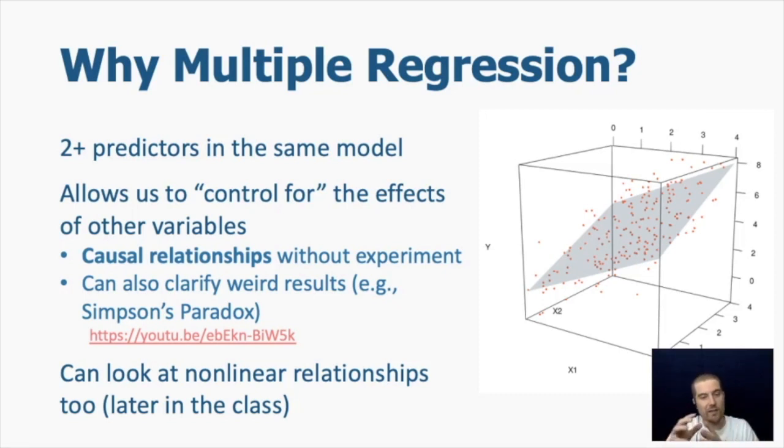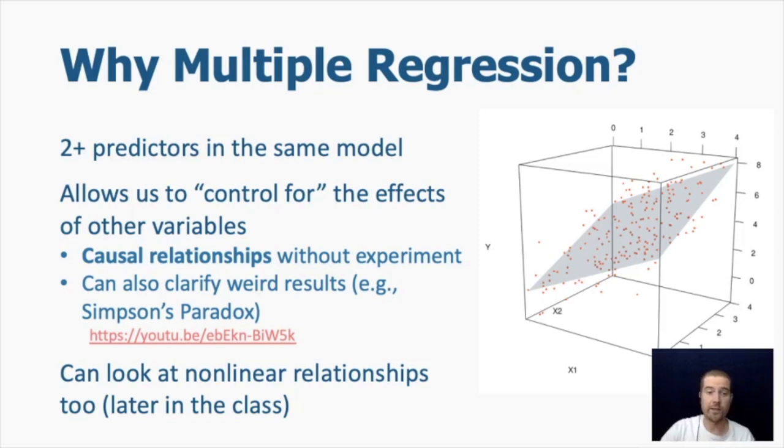And if you think back to the four elemental confounds, where we had the fork, the pipe, the collider, and the descendant, those help us understand what we should control for in the model, but this is actually how we do it. We use multiple regression.